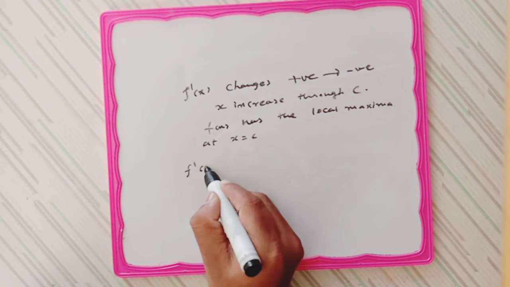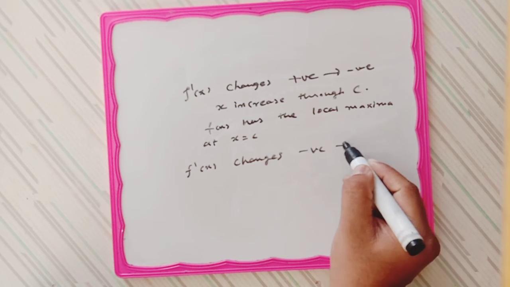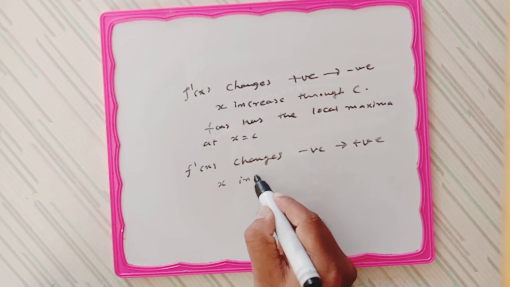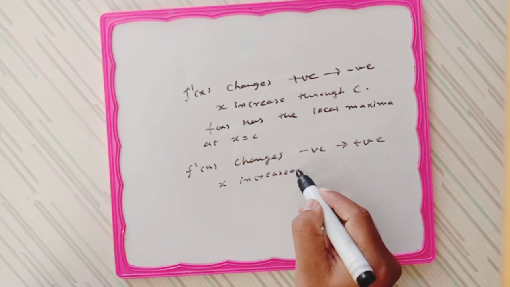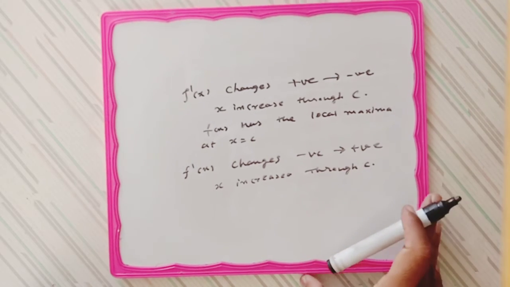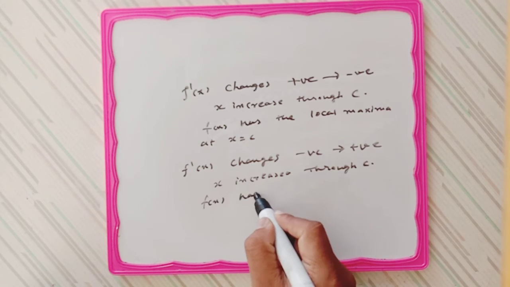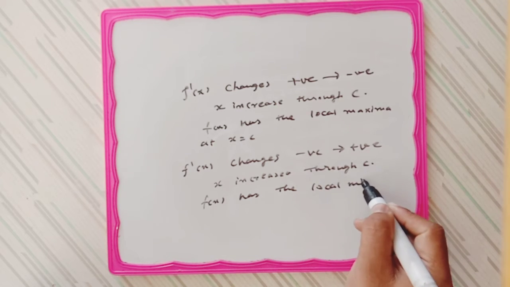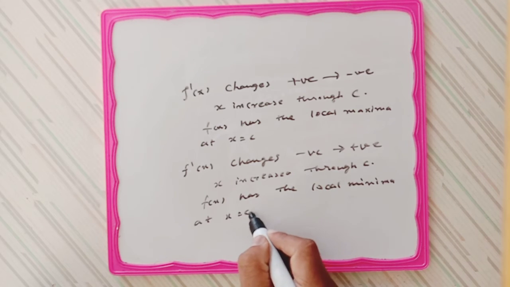And if f dash x changes from negative to positive as x increases through c, then we can say that f(x) has the local minima at x equals c.